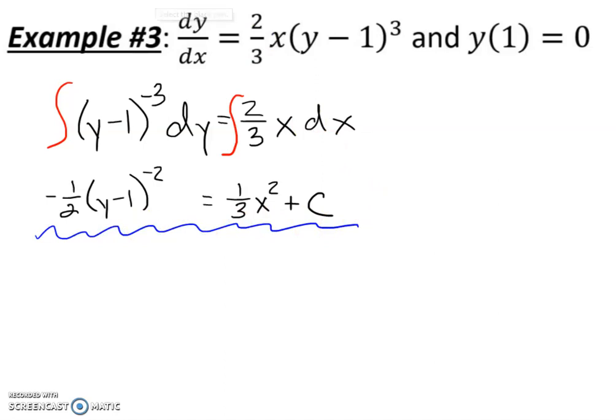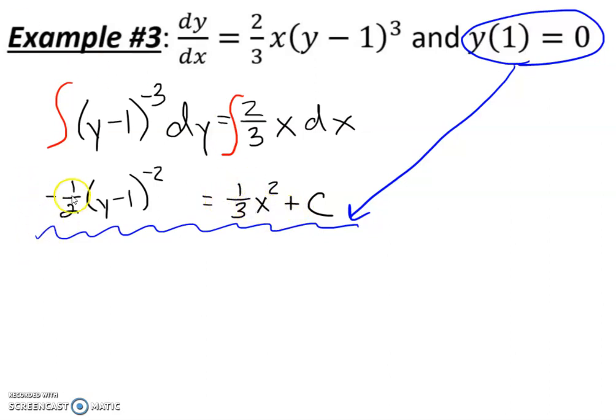Now, that's our separate and integrate step. Usually you get about 60% of the points there. We do not have to do this now, but I'm going to recommend it. We're going to plug in our initial condition. When I say we don't have to do it now, you notice we're going to multiply by negative 2. You could do that right now. Basically, that c would stay just c because it's some constant we don't know, and this will stay 1/3 x squared.